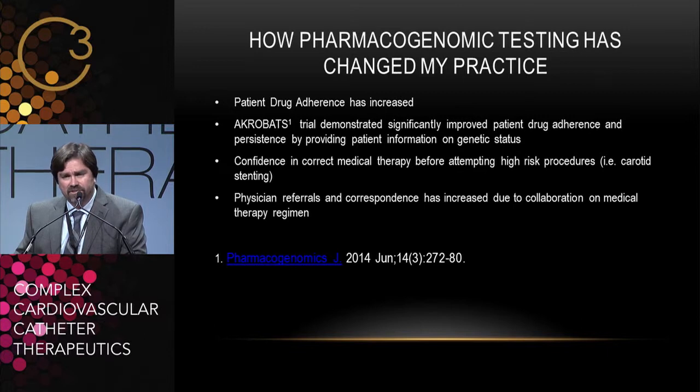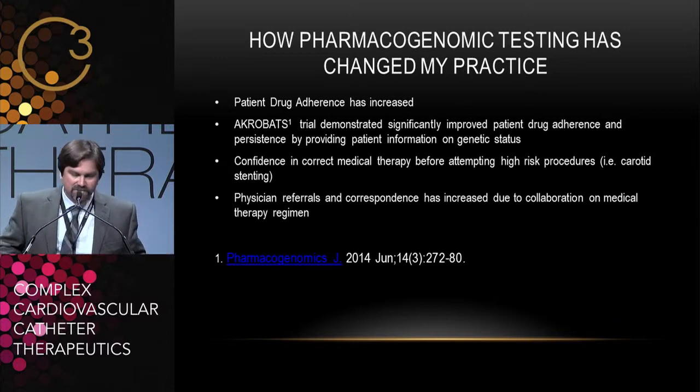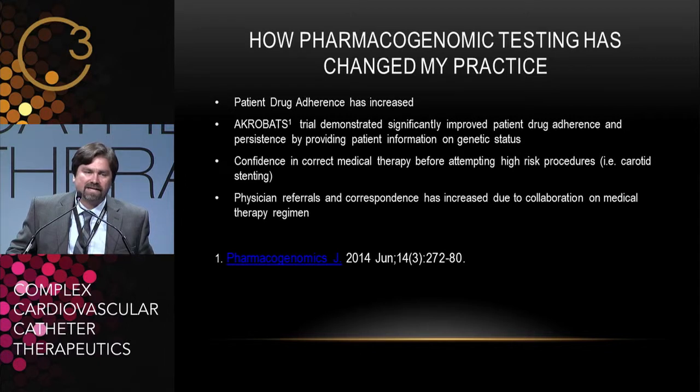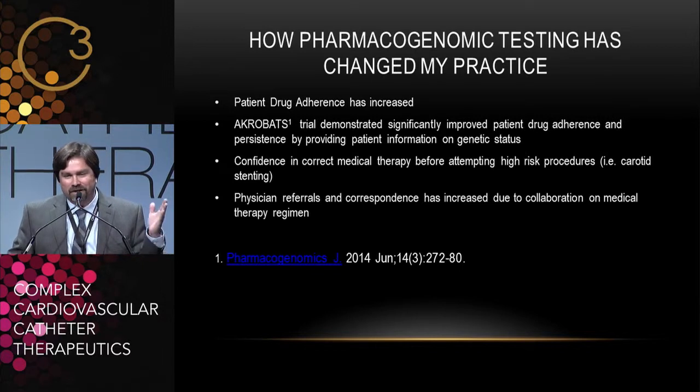This really has changed the way I practice. It has added an additional workload to my staff and myself, but I think it's helping the management of my patients in the long run. The other thing that I've noticed is the compliance of patients to medications. A lot of times we'll get a patient who has read the whole list of side effects, and they come to you and say, "Hey, doc, all these things can happen to me.